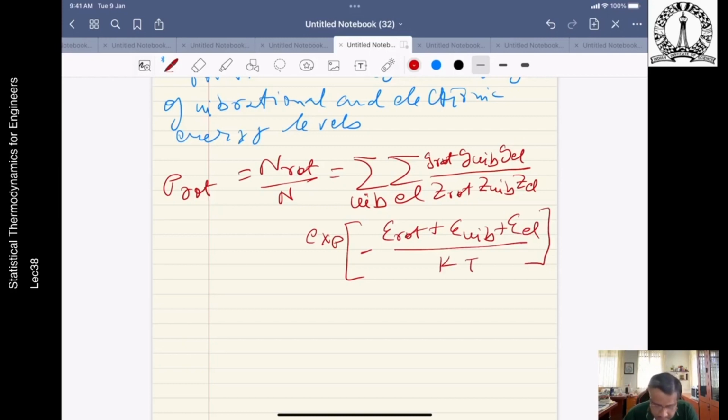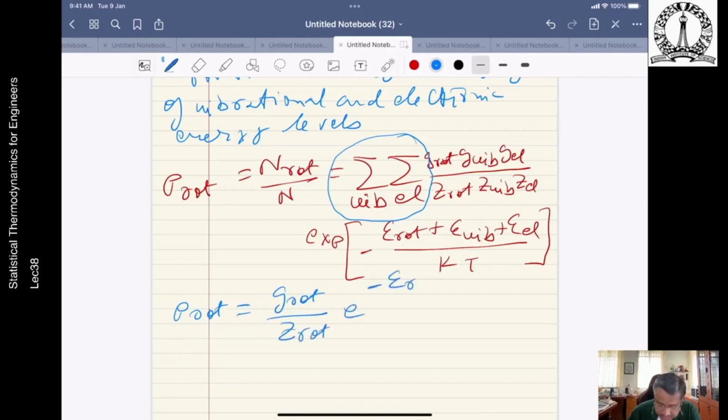So you can see that we have summed over all the vibrational and electronic energy levels because we are interested in a particular rotational energy level, and we are not concerned about the corresponding vibrational and electronic energy levels. So this is g rot divided by Z rot, times the exponential of minus E rot by kT.